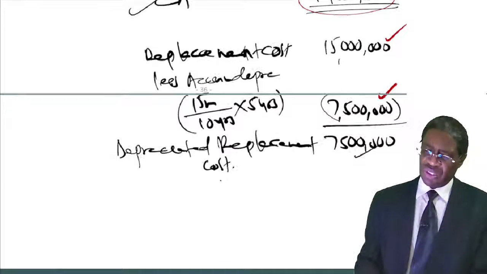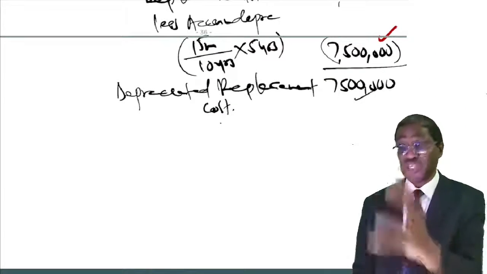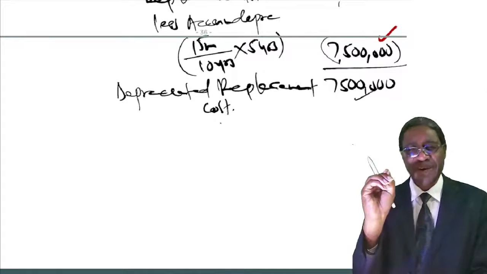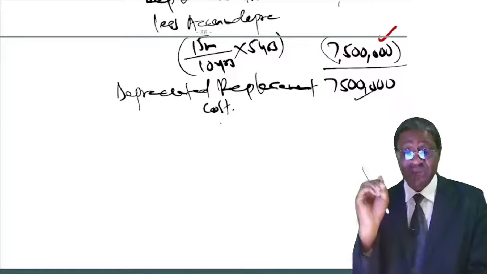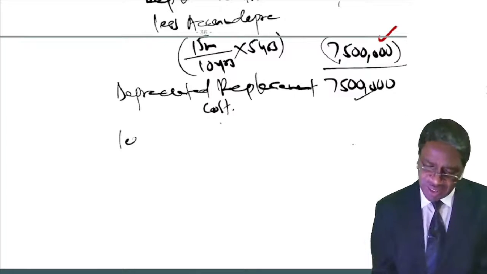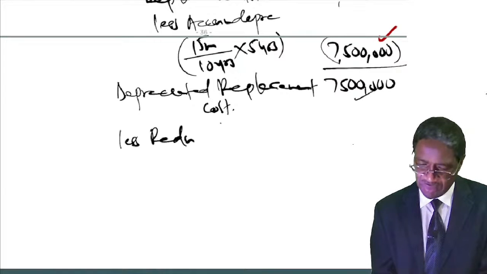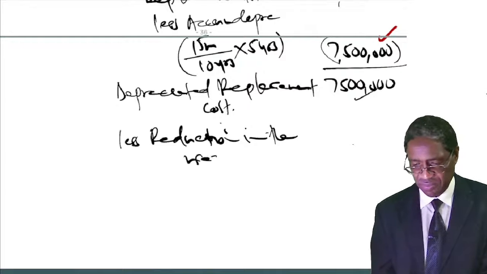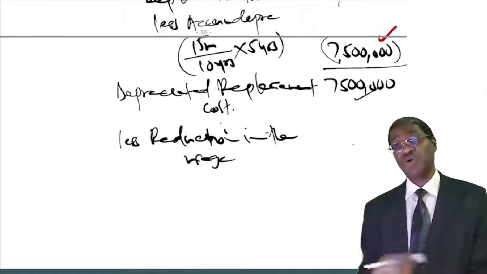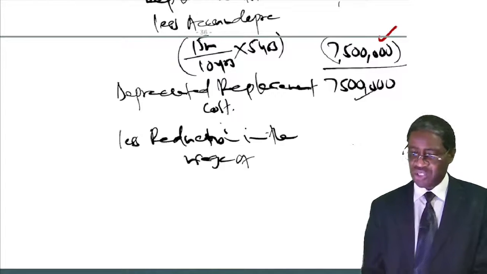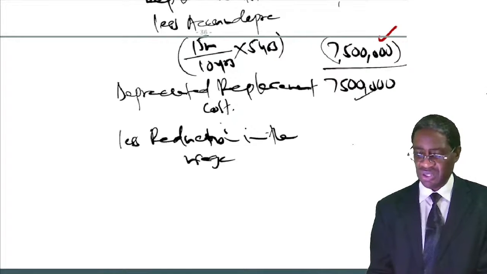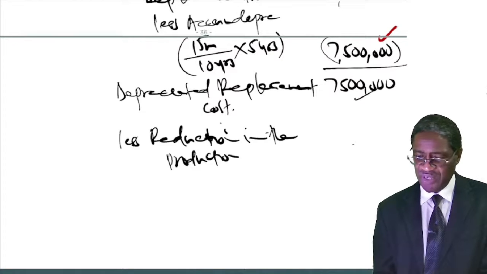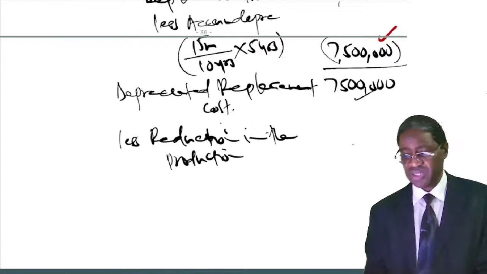So if you are told that the asset had lost its efficiency by 20%, then from the depreciated replacement cost, you minus the reduction in the usage or the efficiency of the asset. Put it this way, the reduction in the production efficiency of the asset, whatever it is.